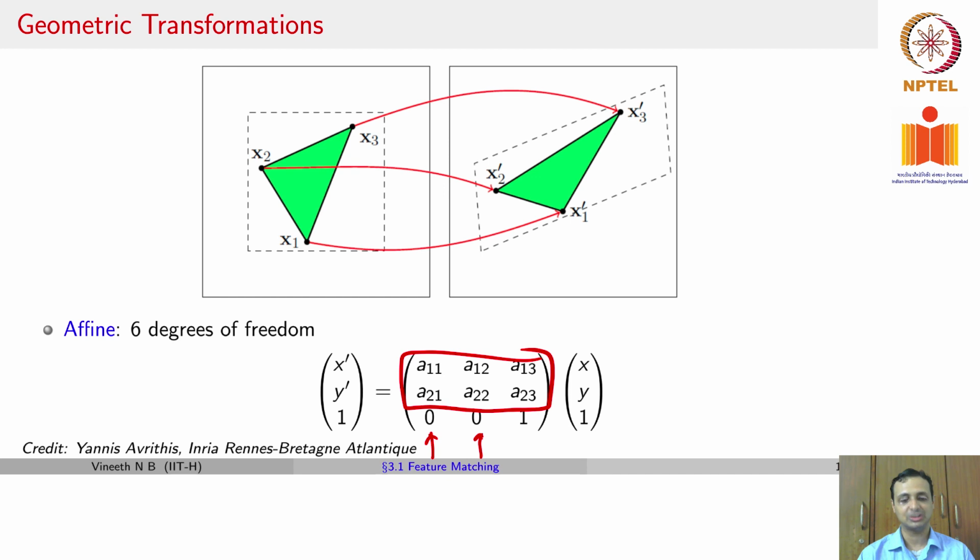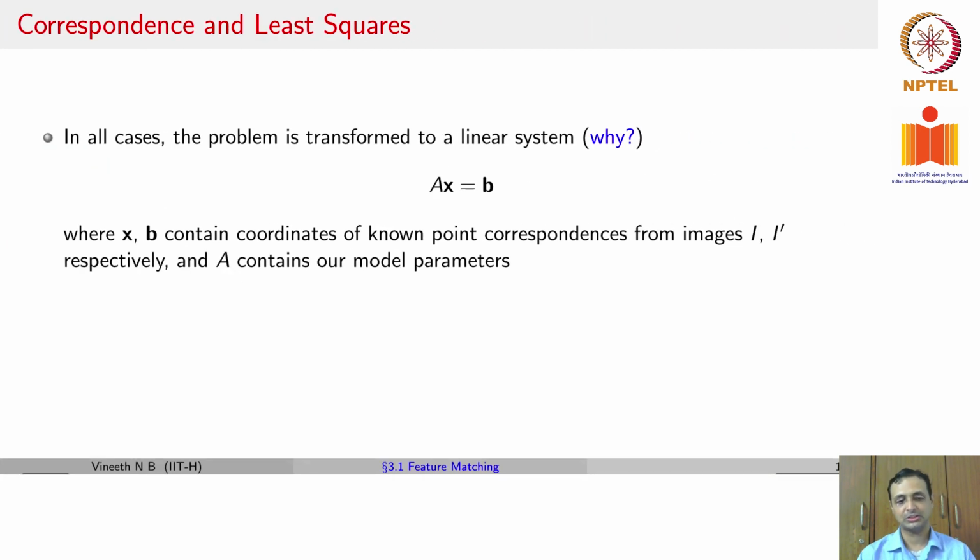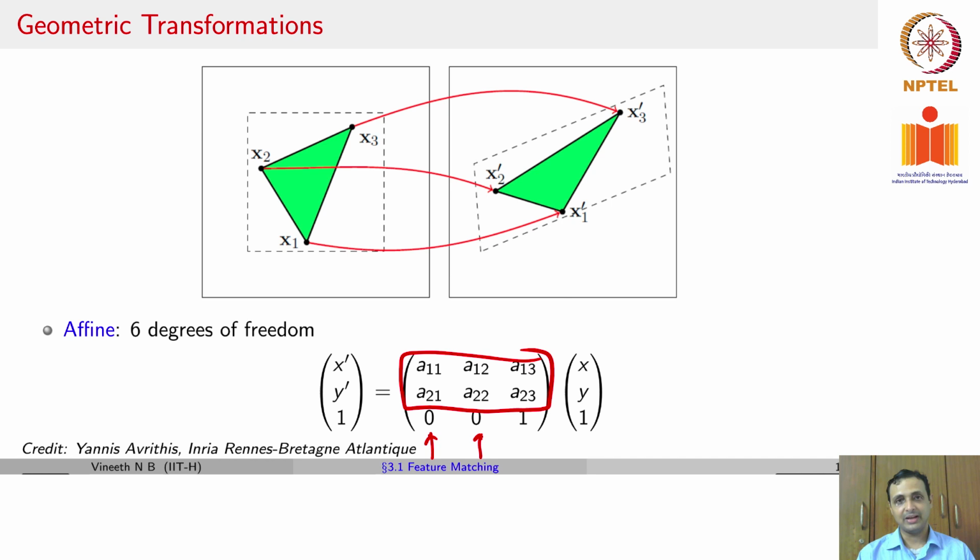We are not going to get into it at this particular point in time. We're going to stick to affine transformations. So in all of these cases, using those tentative correspondences that we get between two images, we can find out which x prime matches to x and y in your image 1. So x prime, y prime in image 2 could be matching with x, y in image 1.